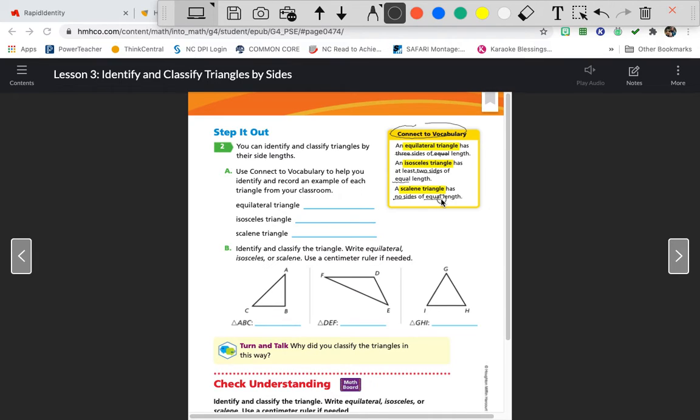Okay? So it says number 2, you can identify and classify triangles by their side lengths. Use connected vocabulary to help you identify and record an example of each triangle from your classroom, or in some of your cases, if you're 100% remote, you can use things that you can find around your home or in the world around you. So for an equilateral triangle, one that has 3 sides of equal length, the first thing that popped into my head, because today is pizza day for lunch, I decided to say a slice of pizza.